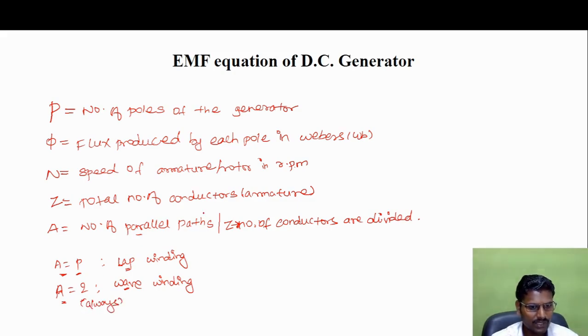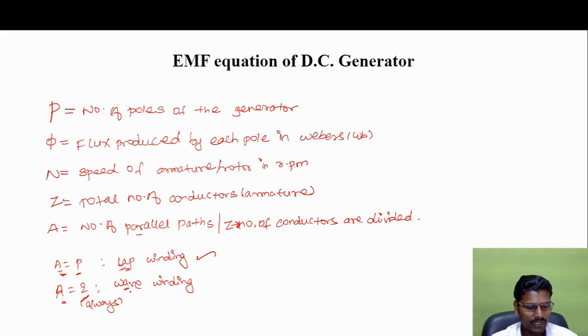So these are the two major points to be considered while designing the DC generator, the number of conductors with respect to the number of parallel paths. In lap winding, A is equal to P, meaning the number of parallel paths will always equal the number of poles. If the number of poles is 2, then A is equal to 2. If P is equal to 4, then A is equal to 4, right?